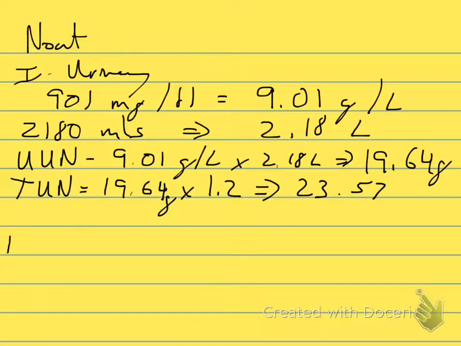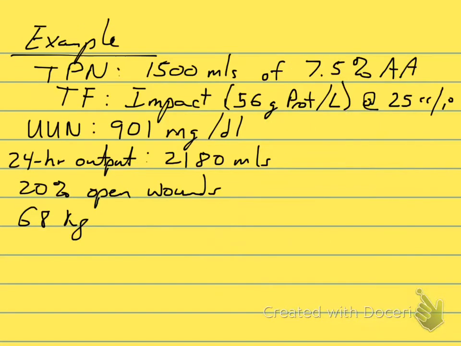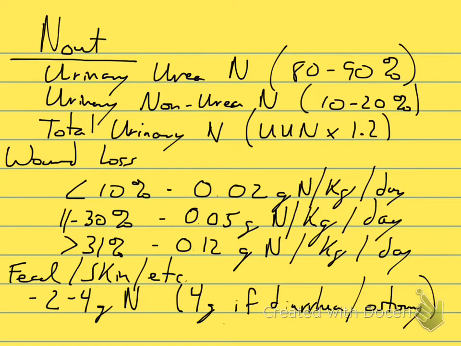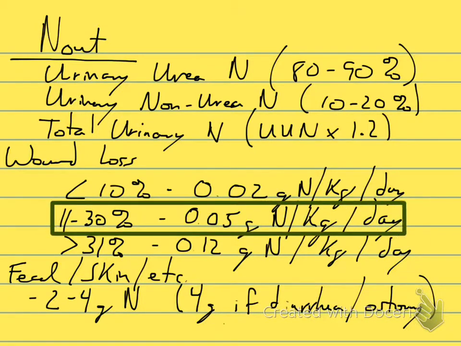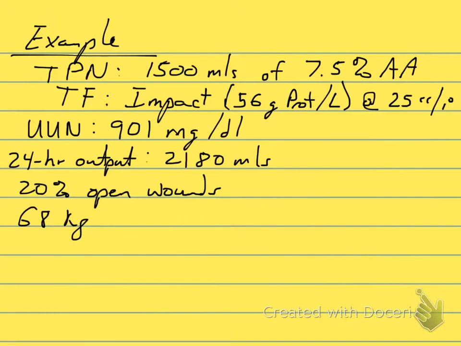So the second thing we want to look at is the amount that we lose through wounds. And I told you it was a 20% open wound, and if you go back and take a look, for 20% open wounds, we're going to end up using this range right here, which is 0.05 grams of nitrogen per kilogram per day.